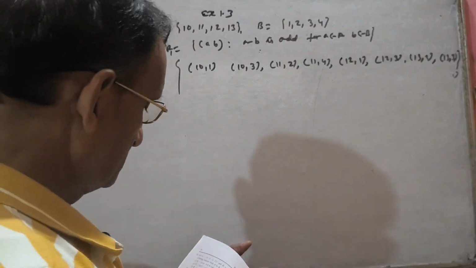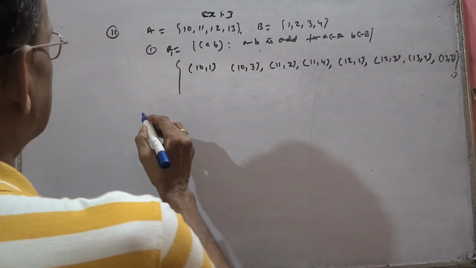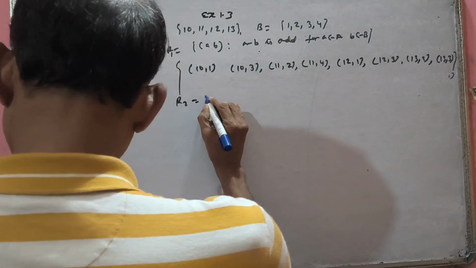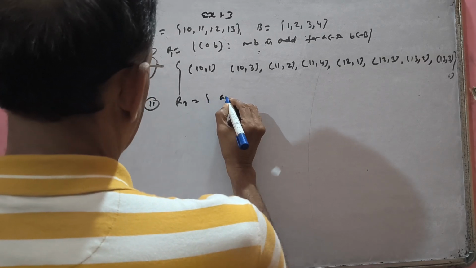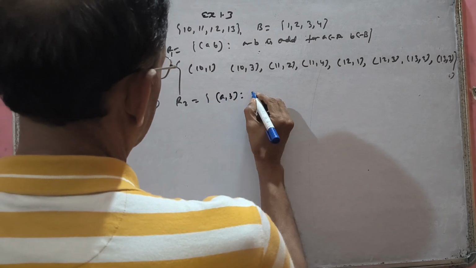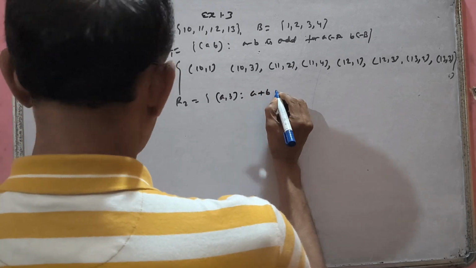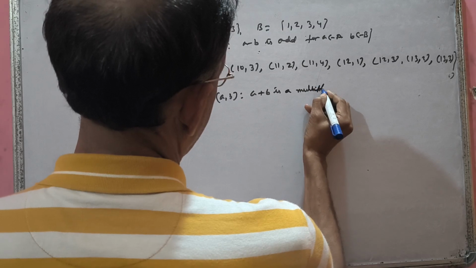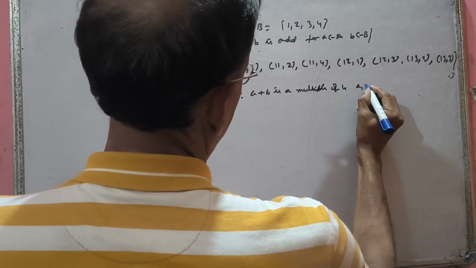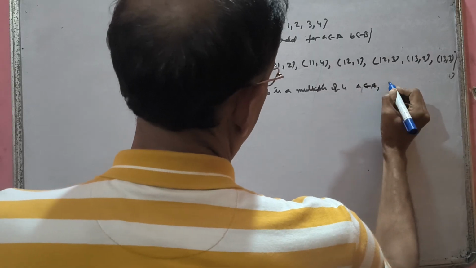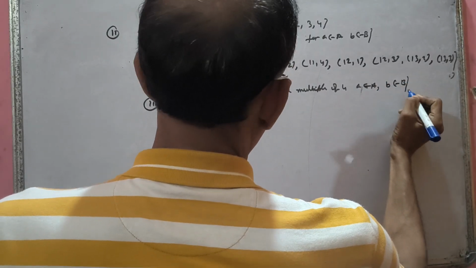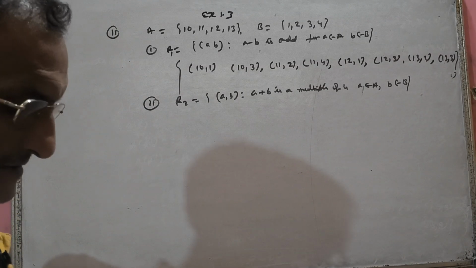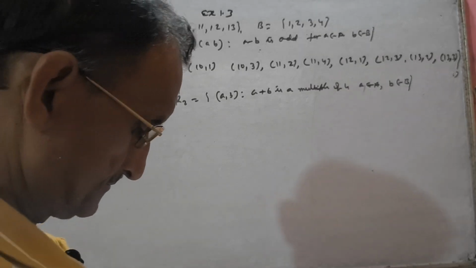Number 2 is given, what? R2 is a relation from A to B, such that R2 equal to the ordered pairs (a, b) such that a plus b is a multiple of 4, for a belonging to A and b belonging to B. A plus b should be a multiple of 4.